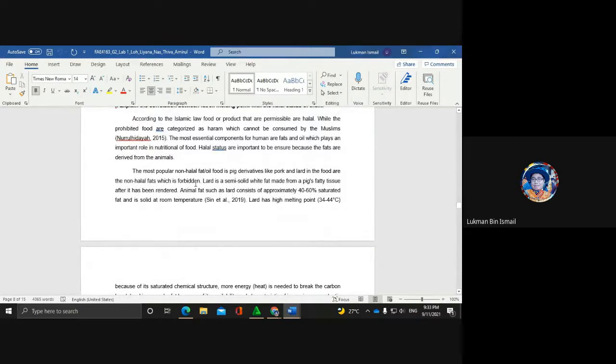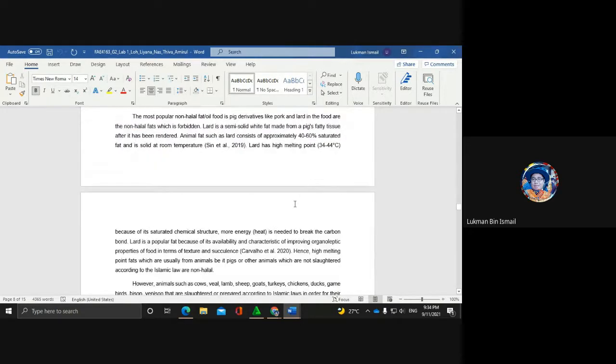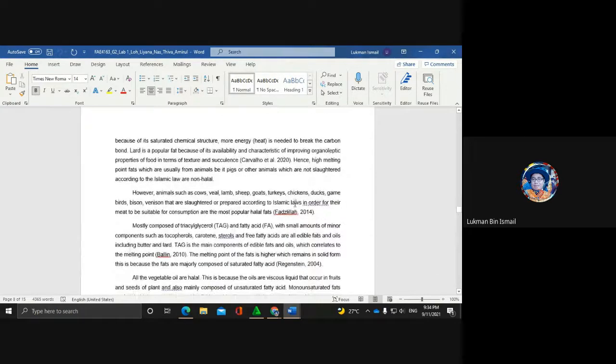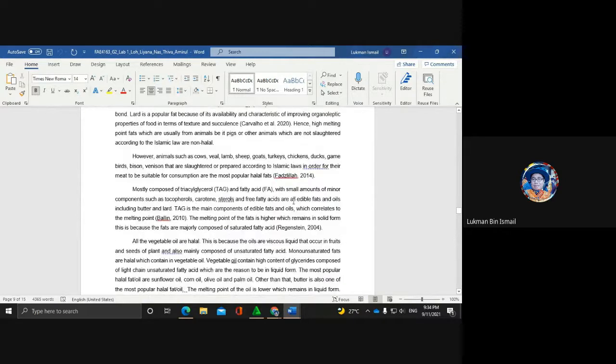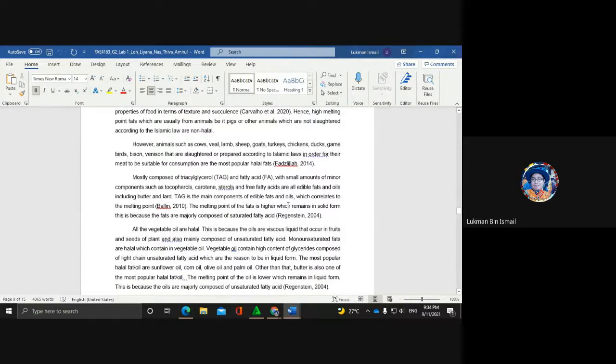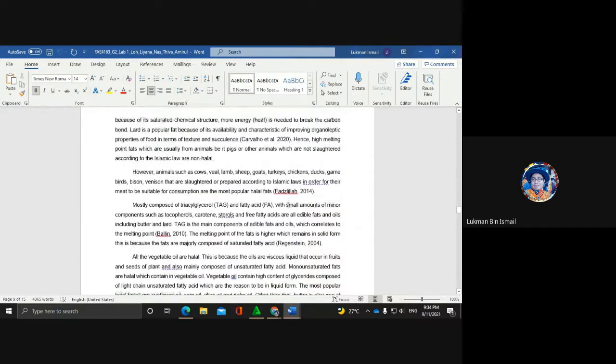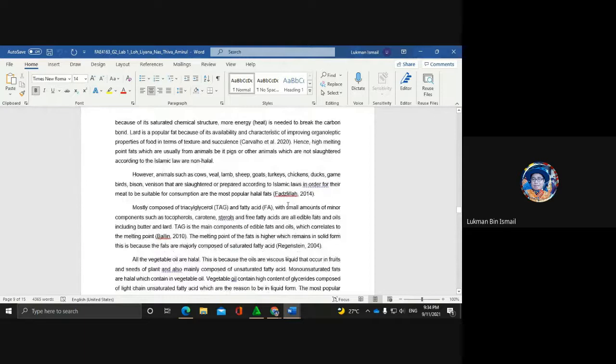So I'm looking at the melting point for lard and the melting point for plant-based oil. So which one is higher, supposedly?